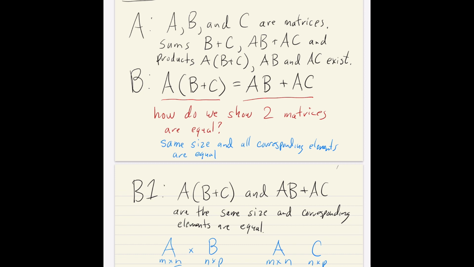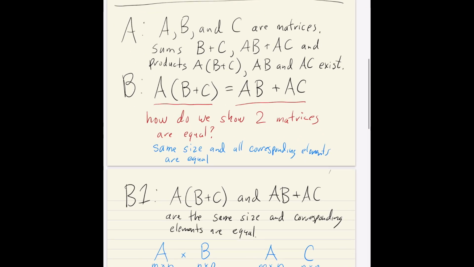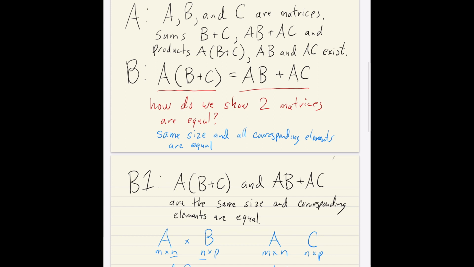And then AC is also m by p. So that means I know that AB and AC are the same size. But even though two matrices are the same size, it doesn't mean that they're equal.